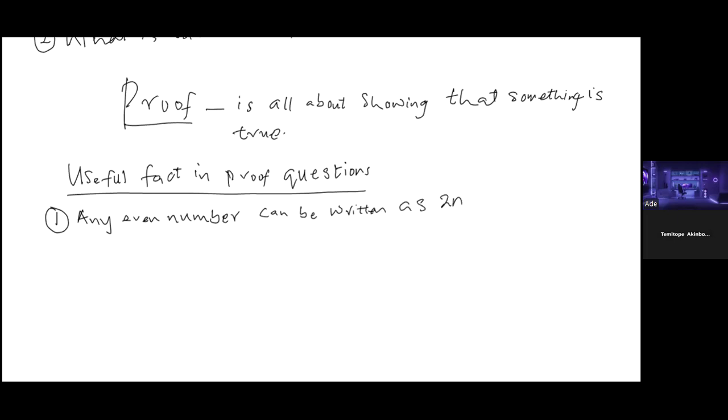Any even number can be written as 2n, where n equals 1, 2, 3, and so on.